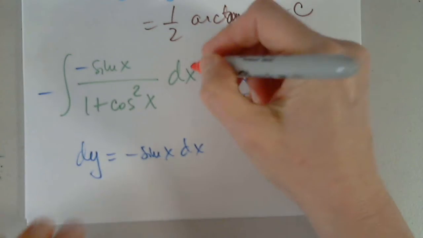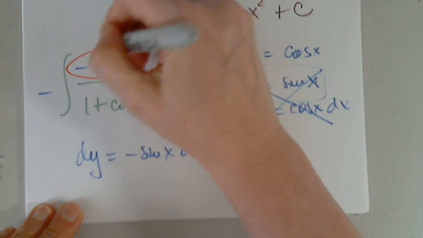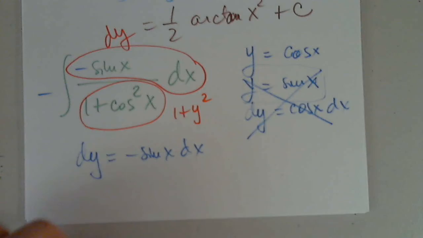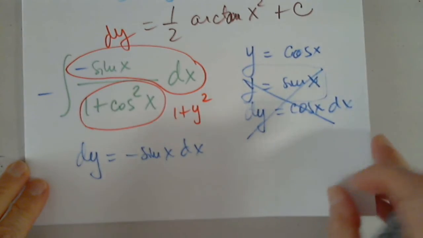And now this is my dy, and this is 1 plus y squared. So everything is accounted for.